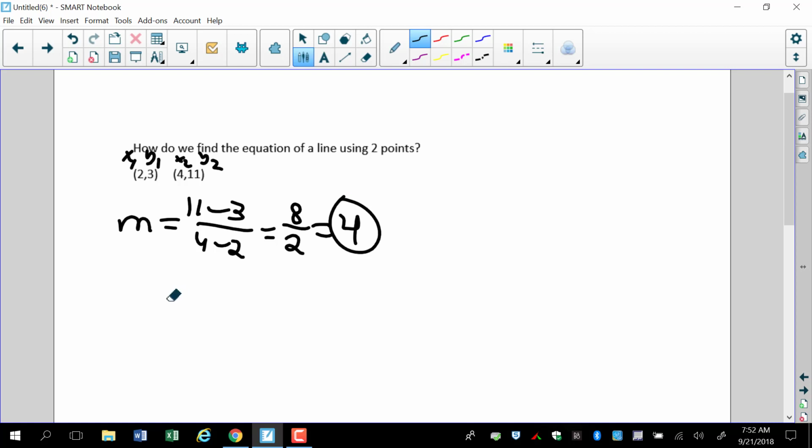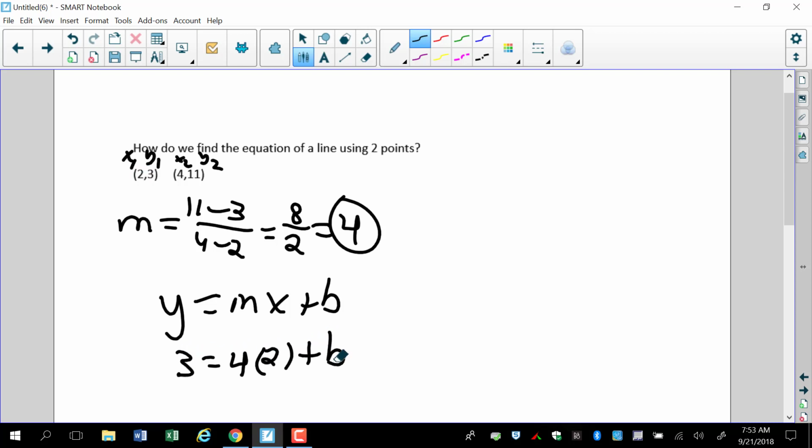So now we know y equals mx plus b. We have our slope, which is 4, so we can just put that in. Now you can pick either this point or this point. I would suggest using the smaller numbers to make it easy. So I'm going to use the 2 and 3, so I know that x equals 2 and y equals 3.